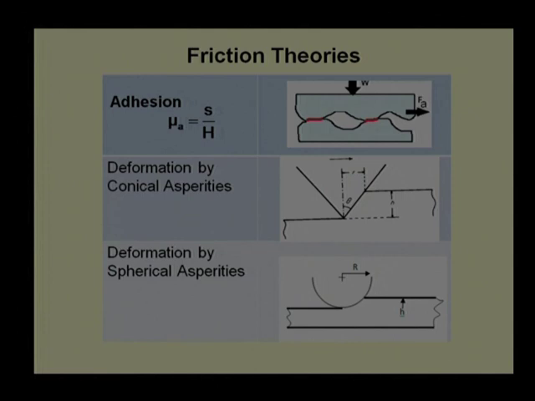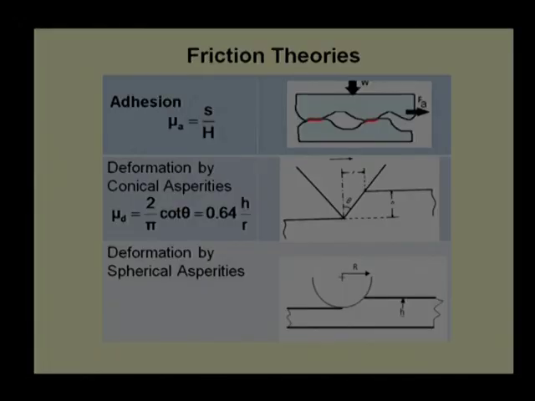Lower the shear strength and higher the hardness will provide lower coefficient of friction. However, we discussed also what the drawbacks are. As I mentioned, if the same material is used against a number of pairs, this theory will provide the same coefficient of friction for all material pairs, which is not right.